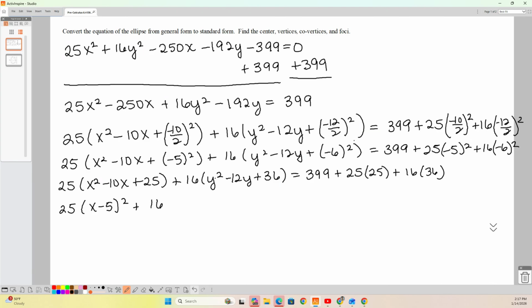And I can factor y squared minus 12y plus 36 as the quantity y minus 6 squared. And on the right side, 25 times 25 is 625, and 16 times 36 is 576.